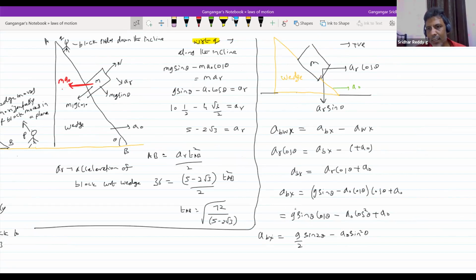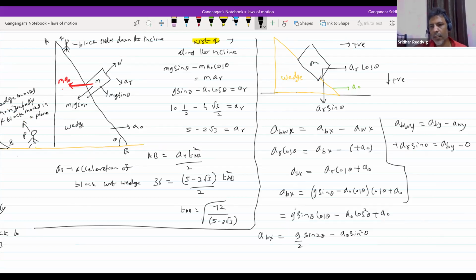Then along y-axis, the acceleration of block with respect to wedge along y-axis is AR sin theta. Anything downward, you take positive. This will be 0. So ABY is equal to AR sin theta. What is the value of AR? So what we derived?